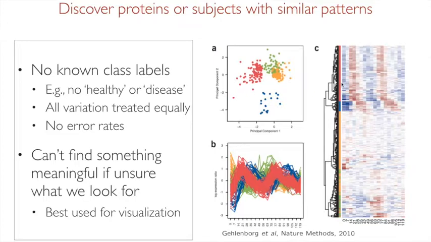Let's find, for example, biological samples which have similar profiles across the space of analytes. This can be useful, for example, if you have tumor samples and you find a subset of the samples are more similar to each other than the others, then maybe this is a tumor subtype or some kind of important thing.